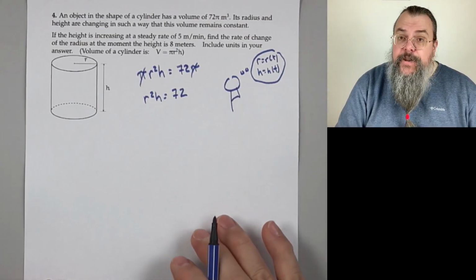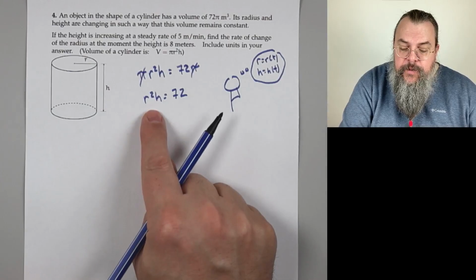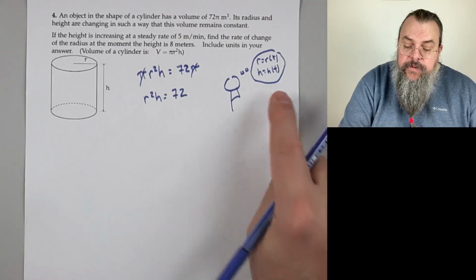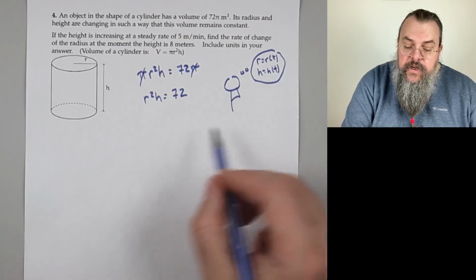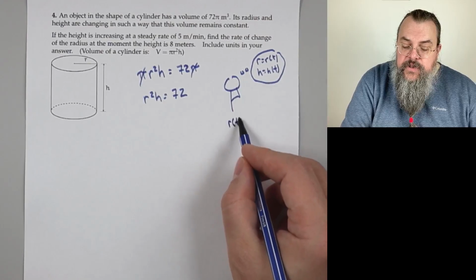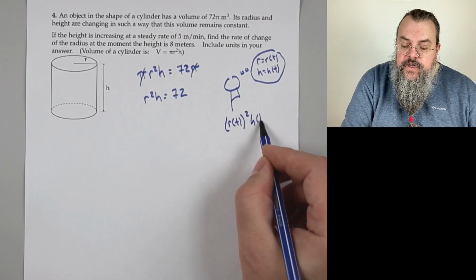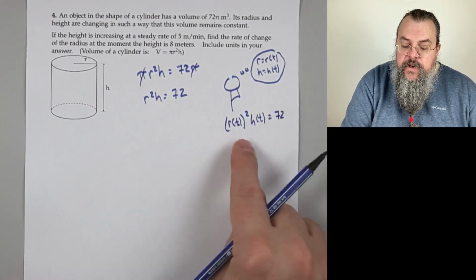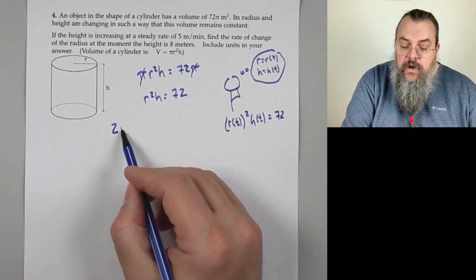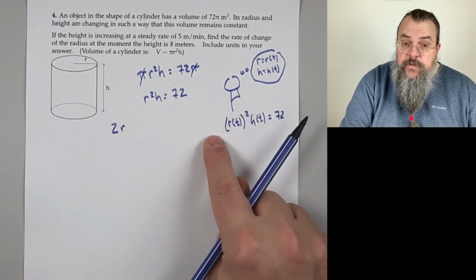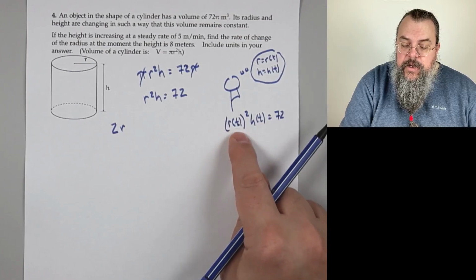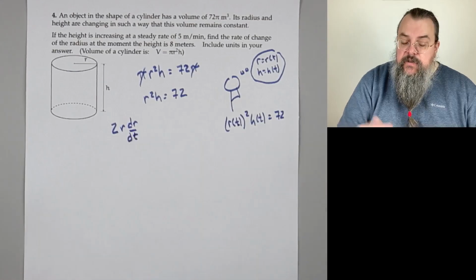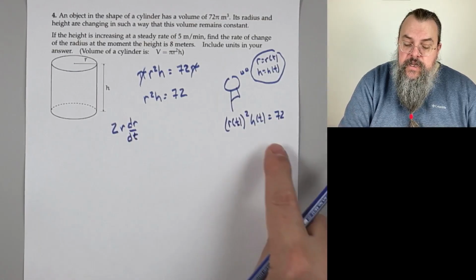Okay, that's not too bad. So we'll have here product rule. Well, remember, r is a function of t. And if it helps, you can even just write down r of t squared h of t is equal to 72. So the derivative here would be 2r, the 2 comes down, r to the 1, times r prime, and we'll write that as dr dt, just to emphasize change with respect to t, and then times h.